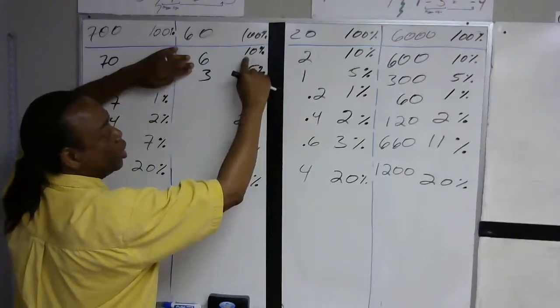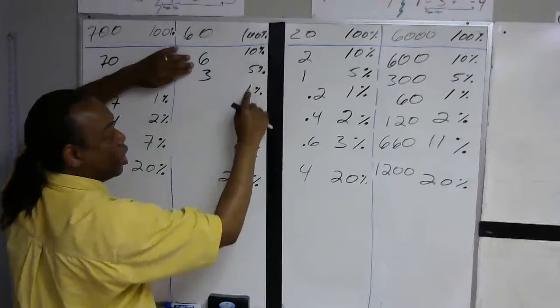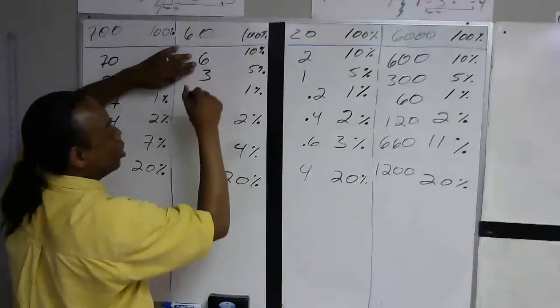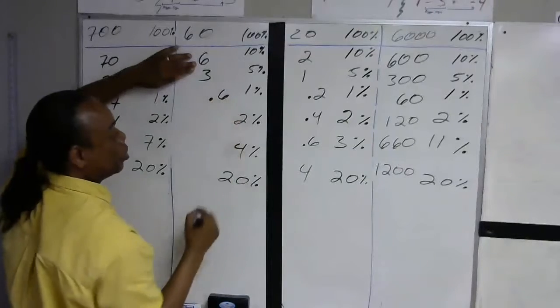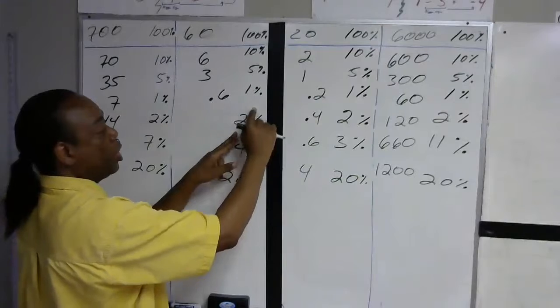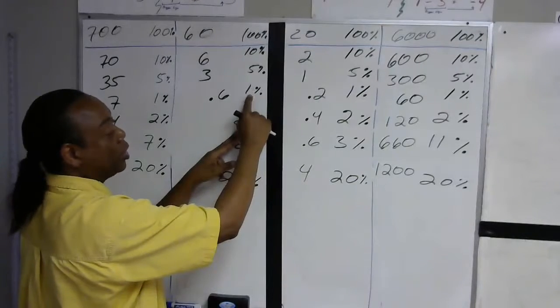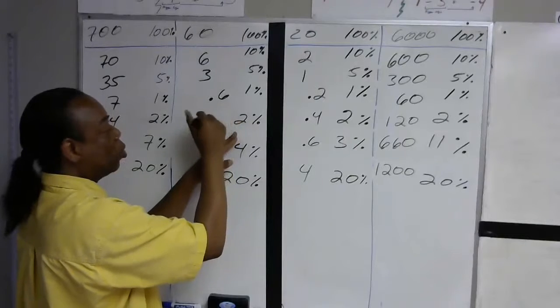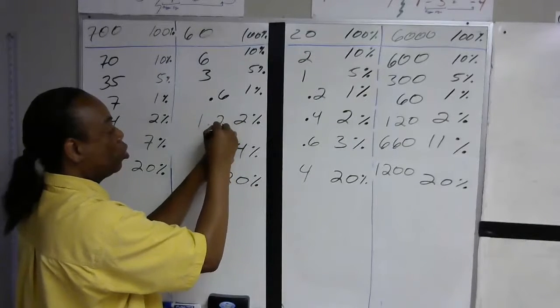For 1%, 10% divided by 10 is 1%. So 6 divided by 10 is 0.6. 1% times 2 is 2%. So 0.6 times 2 is 1.2.